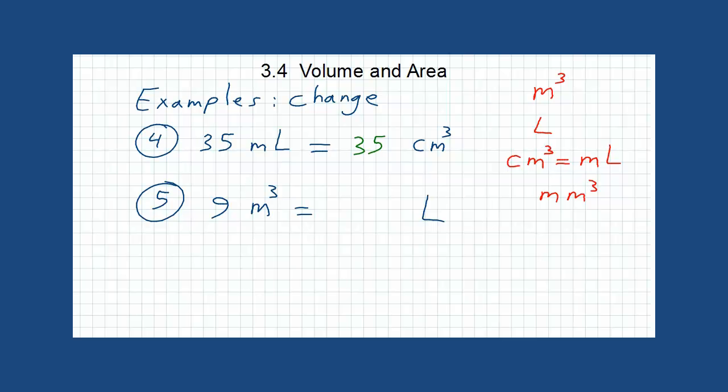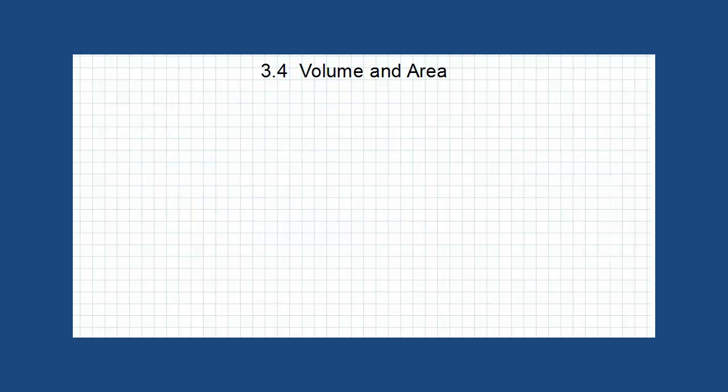To change from cubic meters to liters, it's clear that you want to multiply by 1000. So it is 9,000 liters.